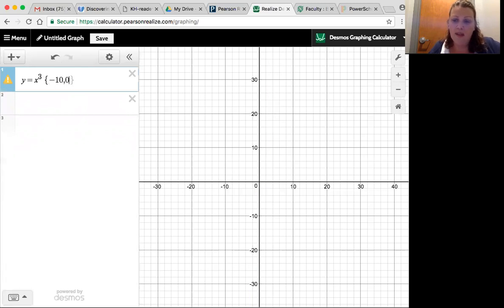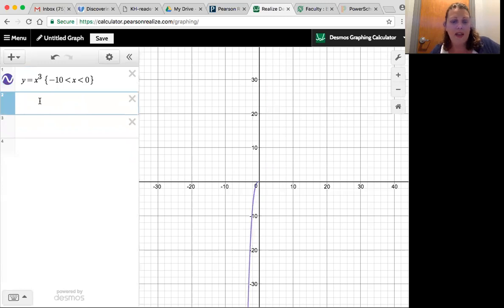Let's see how well our graphing program works. Let's try a less than. Yeah, there we go. So that I can specify exactly. So from minus 10 to 0, my graph is y equals x cubed.